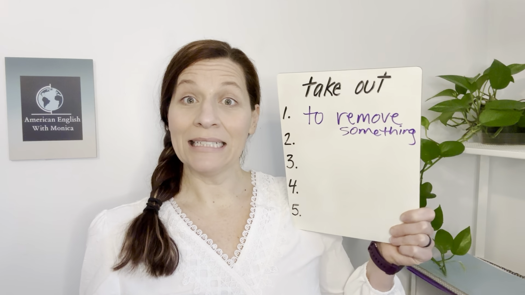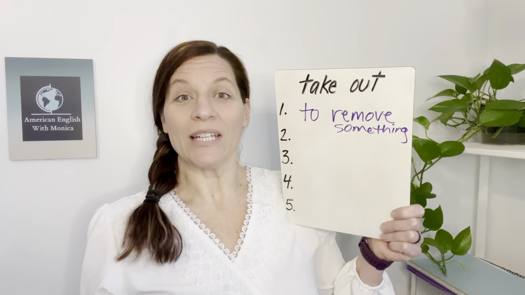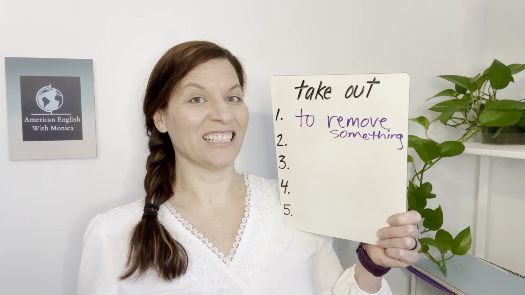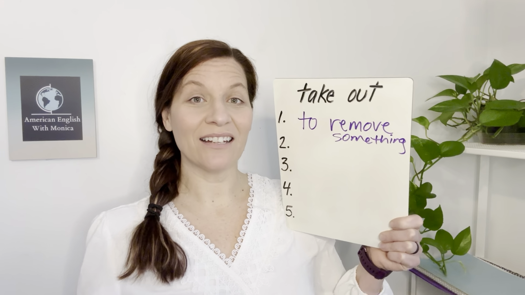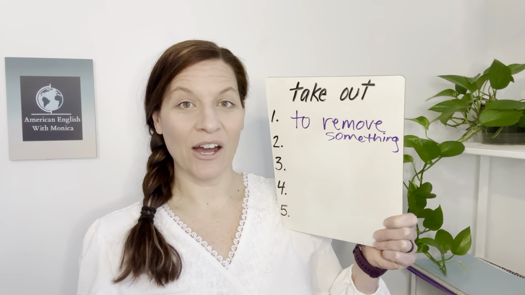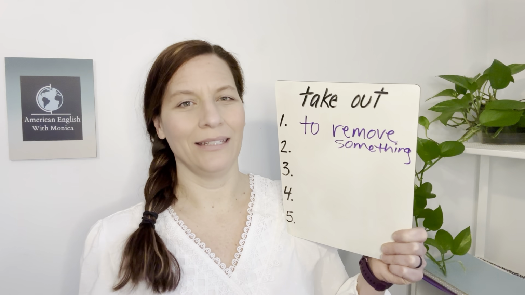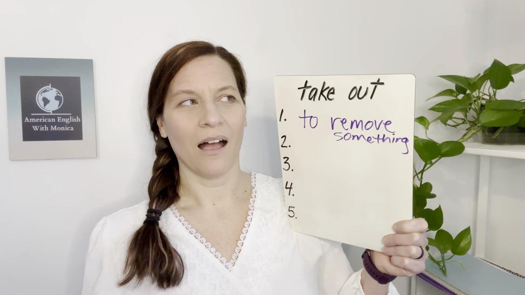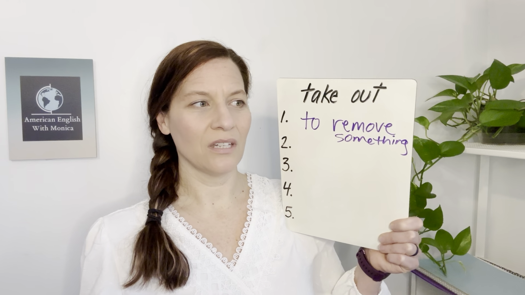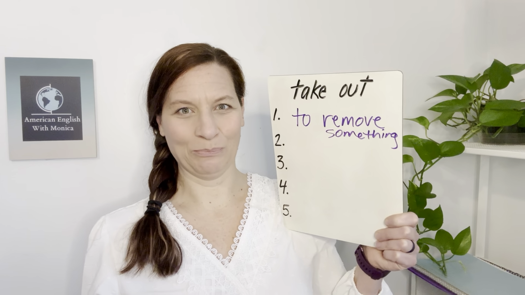The next meaning to tell you about is about buying food at a restaurant and eating it somewhere else. Okay, I want to take out some sandwiches and go to the park and eat them. I want to take out food on Friday and eat at home with my friends.